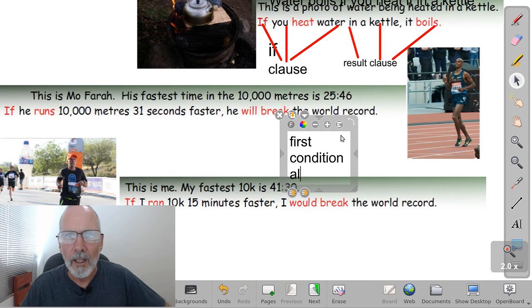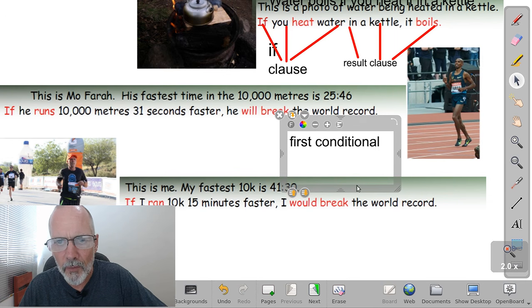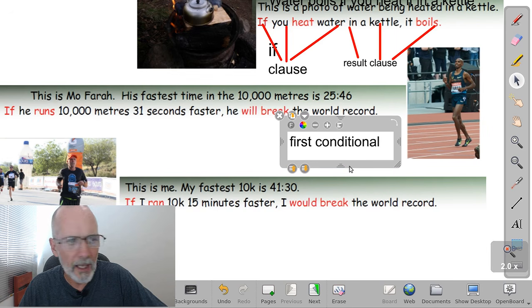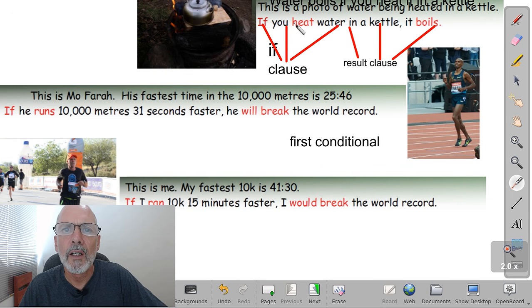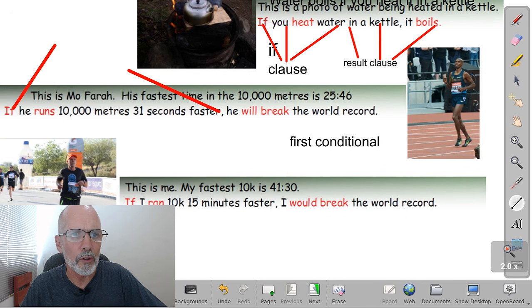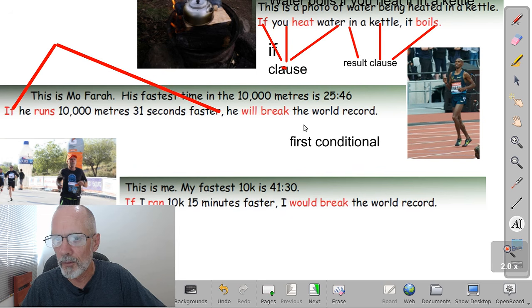Now, earlier on, Tanya pointed out that here in the zero conditional, the verb tenses were present simple and present simple. And here in this conditional, we still have the same two parts. Here we have the if clause, so that basically is the same as we saw before.